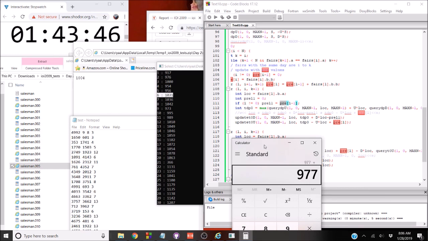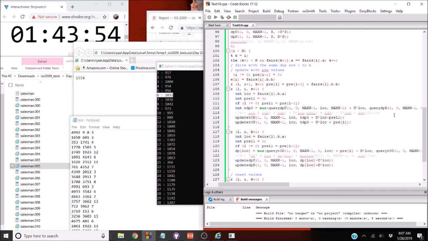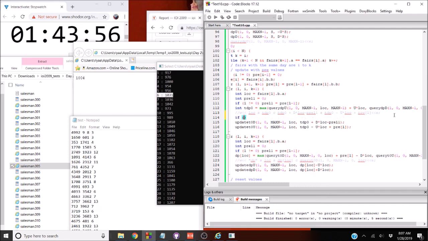U is 9 times the current location 3, 27, and that gets 1004. Just to make sure this is correct, I'm just going to say if lock equals S, write to DP 0.